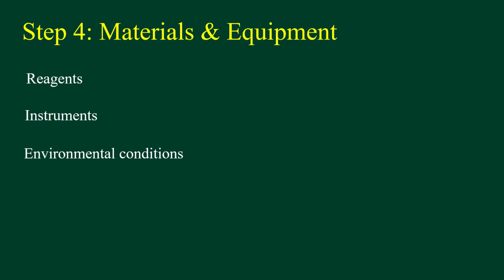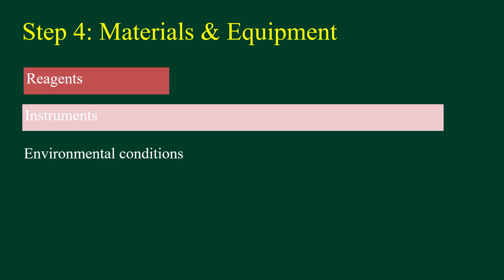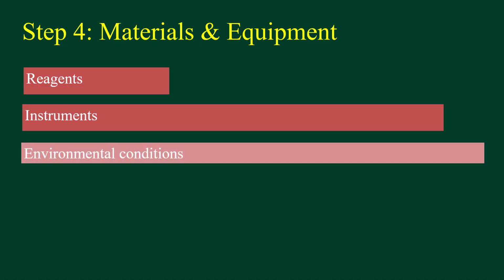Now step number 4 is about the materials and equipment that you've used during your study. You list all key chemicals, instruments, kits and software. Company names and models should be mentioned over there. If you've done any special environmental study, then state those conditions, temperature, humidity, that should be given very clearly.